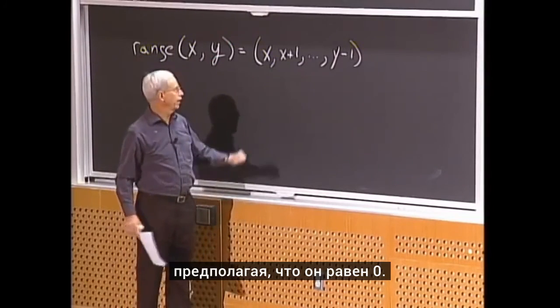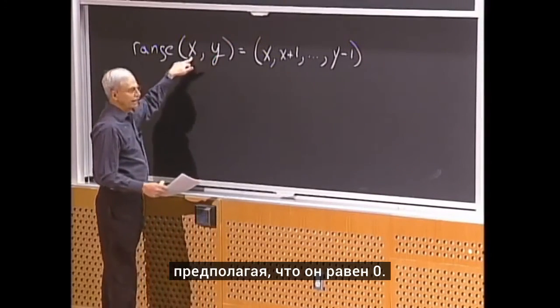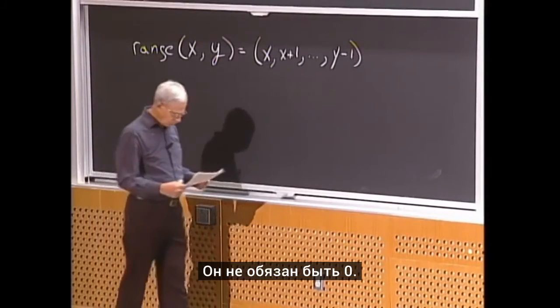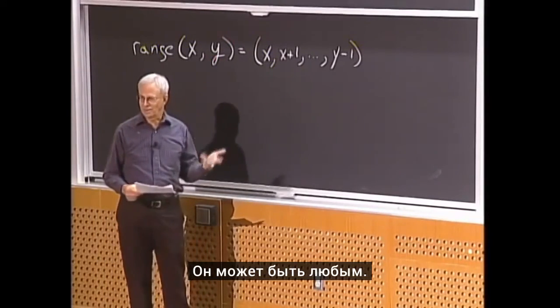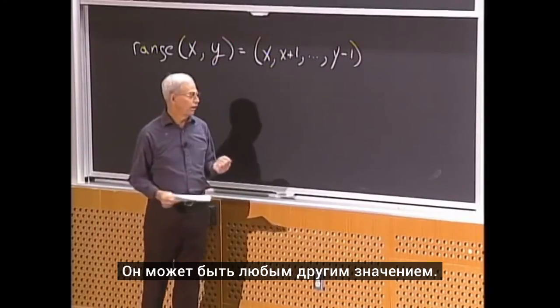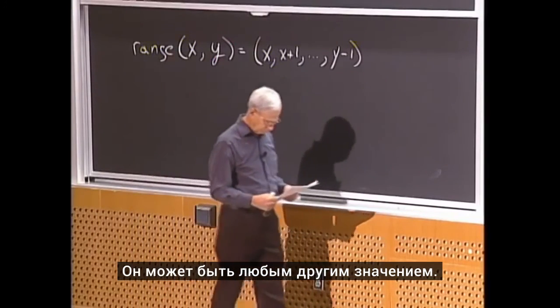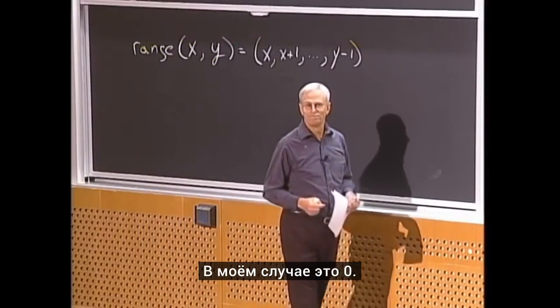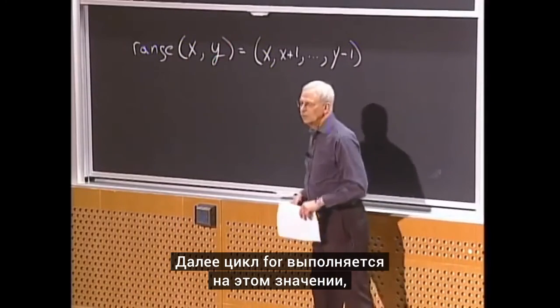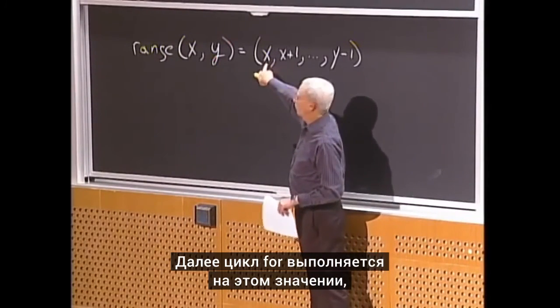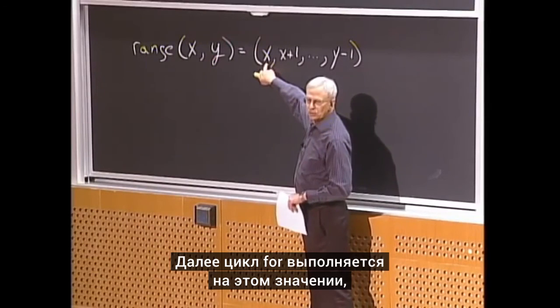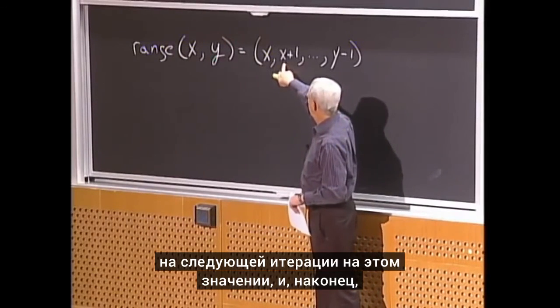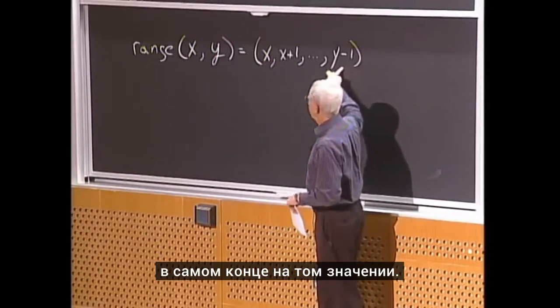So it gives me a sequence of length y, assuming that's 0. It doesn't have to be 0. It can be another value as well. 0 in my example. And then the for loop executes on this value, then the next iteration on this value, and finally at the very end on that value.